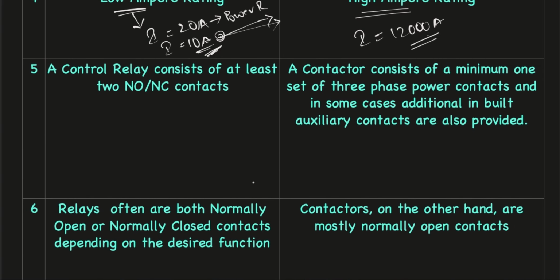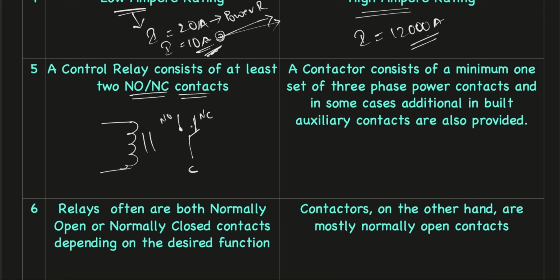The next point is a control relay consists of at least two NO-NC contacts. You will understand if you look at the internal diagram of a relay. It looks something like this. This is the coil and you have an NO contact, an NC contact and a common terminal. This is common, this is NC contact and this is NO contact.